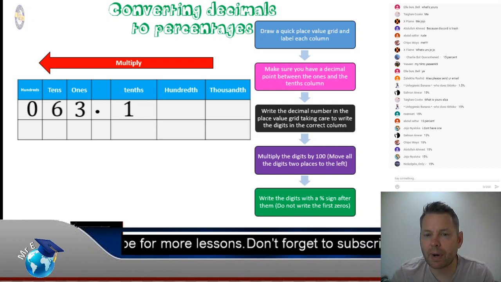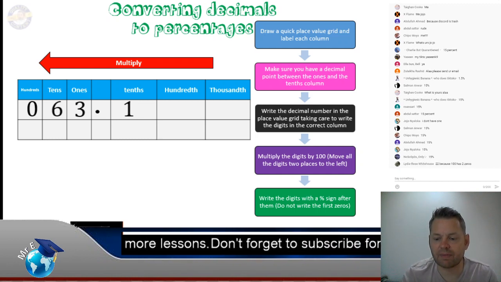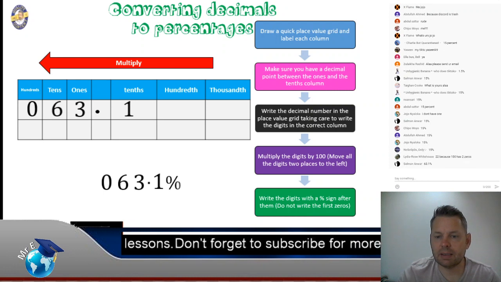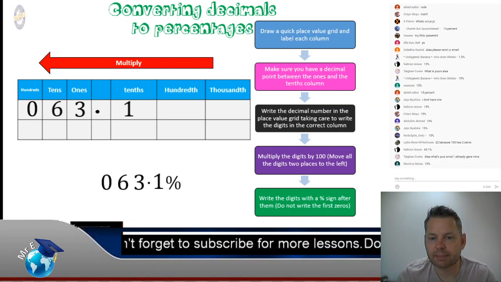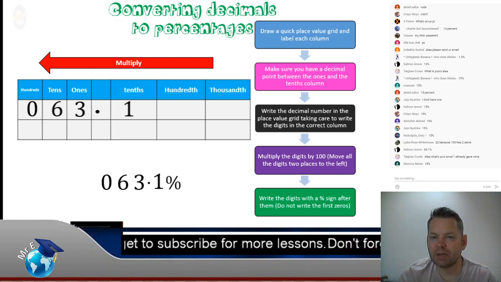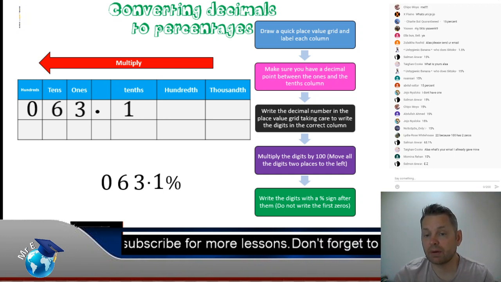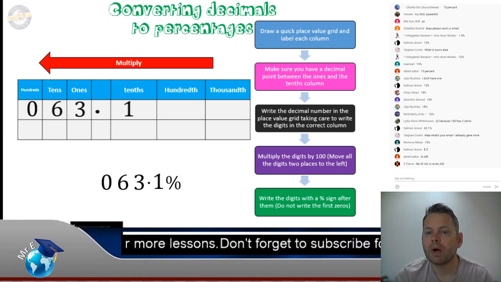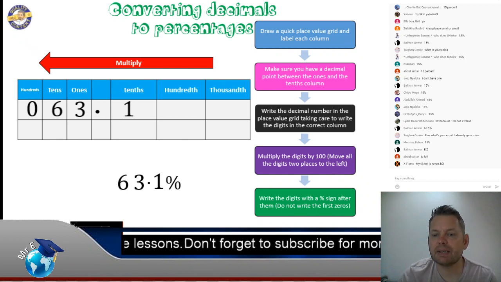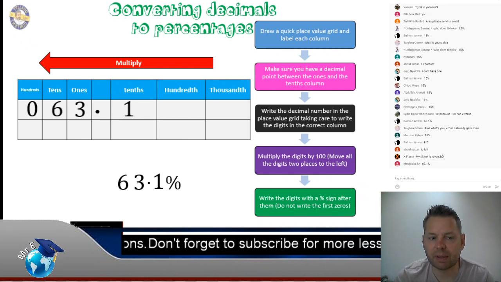And then we simply write those digits underneath. So we have our 063.1. We include the decimal point. And then we don't need the 0 at the front, or any zeros at the front, actually. It doesn't matter. It could be 0 point whatever. We are going to get rid of those, which leaves us the percentage of 63.1.